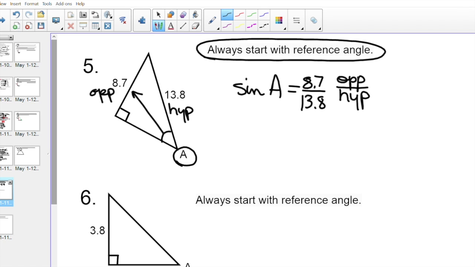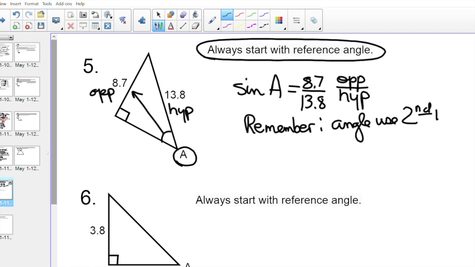Now, remember, please, we are looking for an angle. Use the second key. So what I'm trying to say to you is, you would write angle A. We're looking for angle A. Now you look for the second key, because you're looking for the angle.